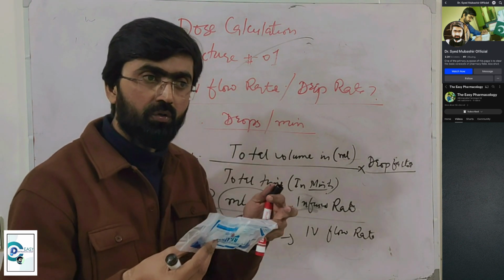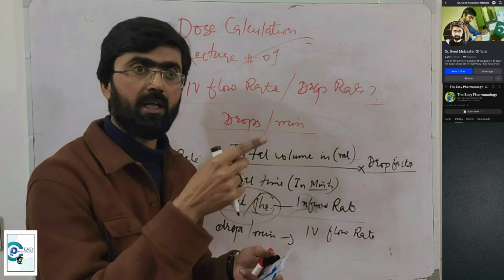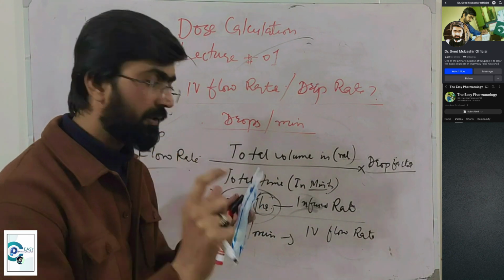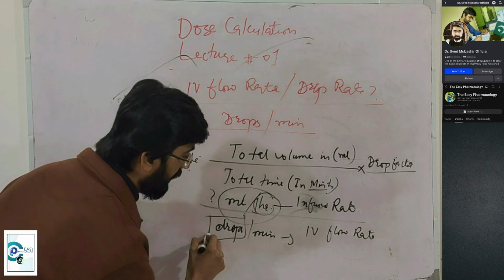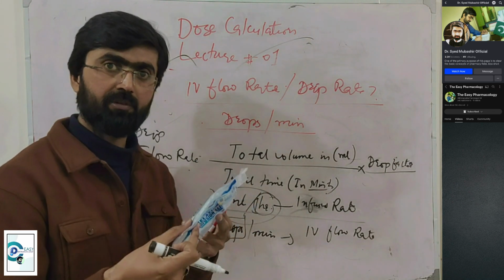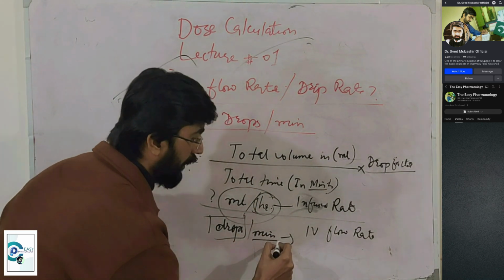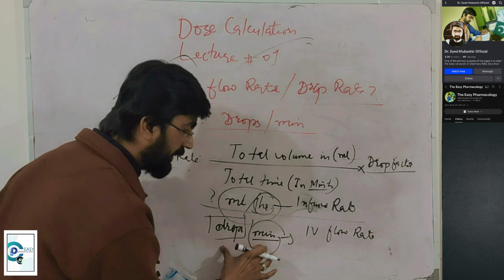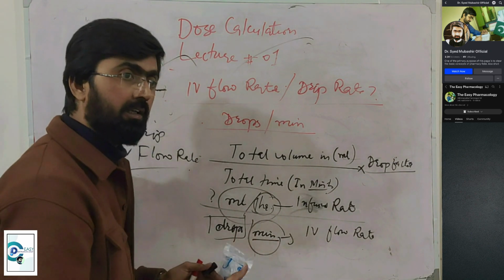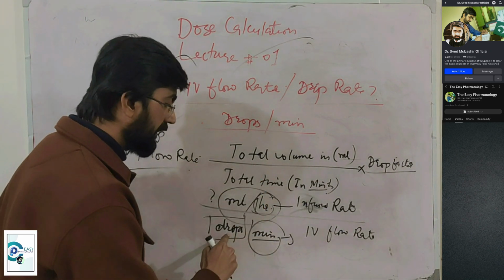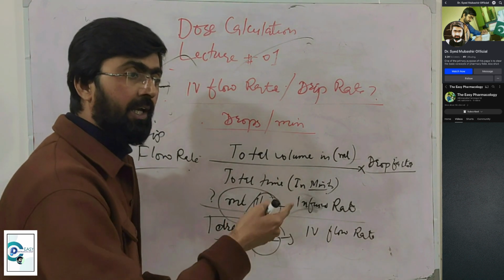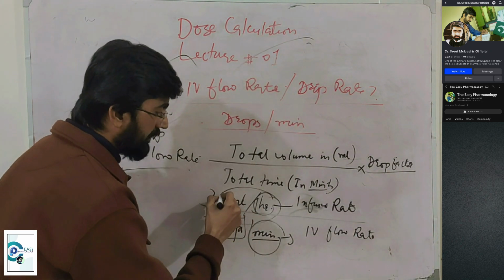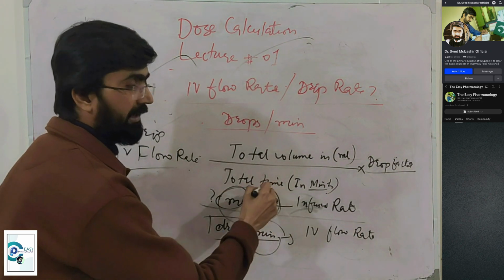So we should know what the drip rate or IV flow rate should be, so that we may calculate the number of drops falling into the chamber of this drip set in 1 minute. If we know how to set this, we may be successful in delivering this quantity of ml in 1 hour.